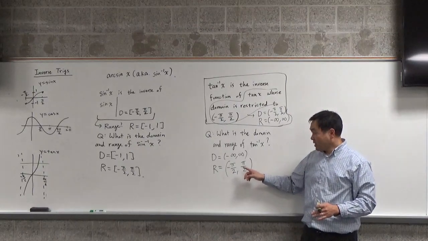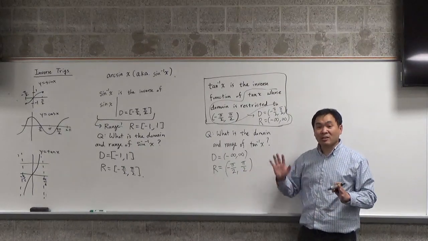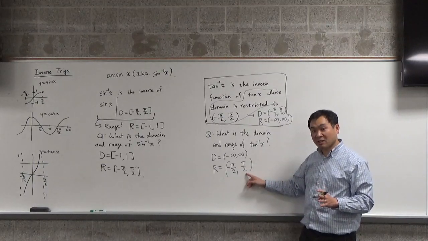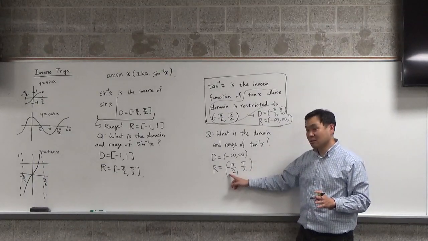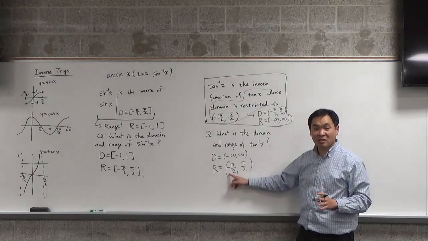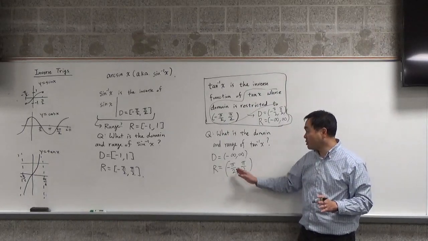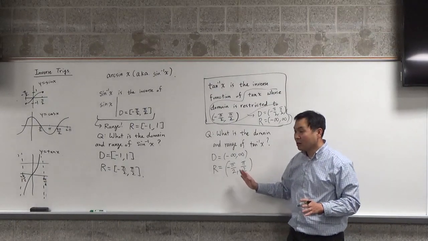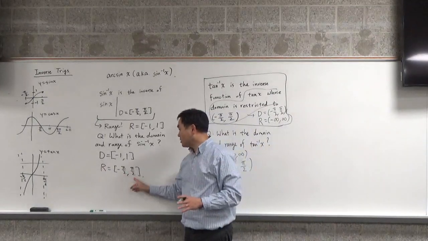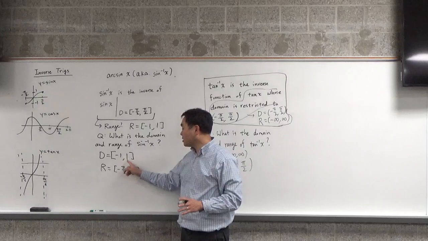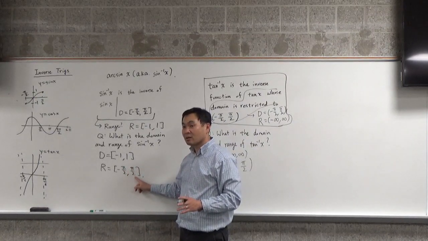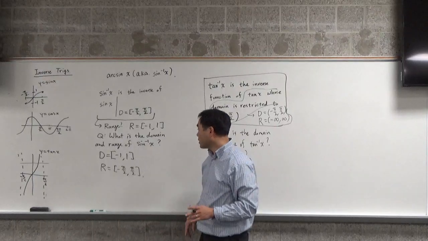So tangent inverse can never spit out exactly 90 degrees. It only gives you something slightly less than 90 degrees, or something slightly above negative 90 degrees. It can't reach negative 90 degrees. It can't reach positive 90 degrees. On the other hand, this can. So in fact, if you plug in sine inverse of 1, it will give you 90 degrees. Okay? So that's what you can do.